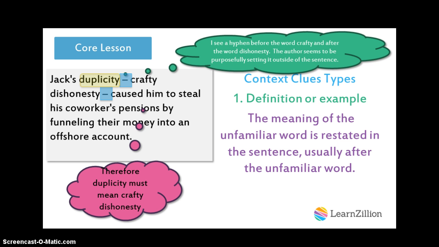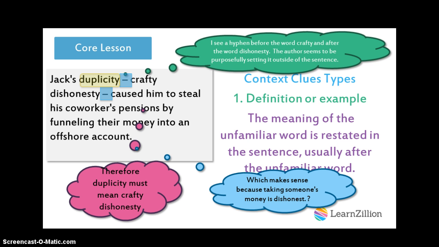Also, this means that duplicity must mean crafty or dishonest. The author is giving me the definition in the sentence. And it makes sense because someone who takes somebody's money is dishonest. So duplicity is crafty dishonesty.